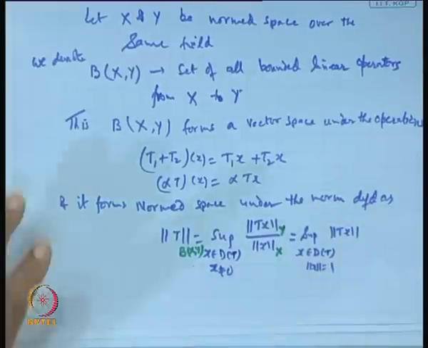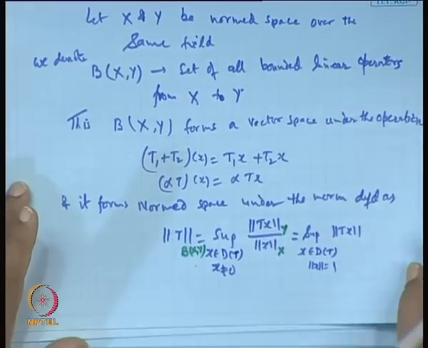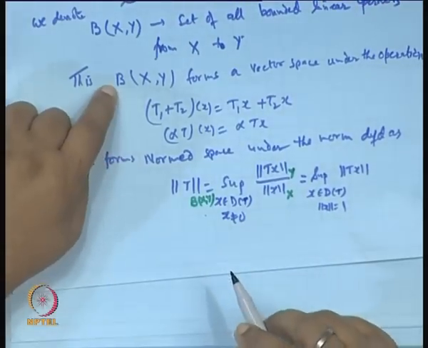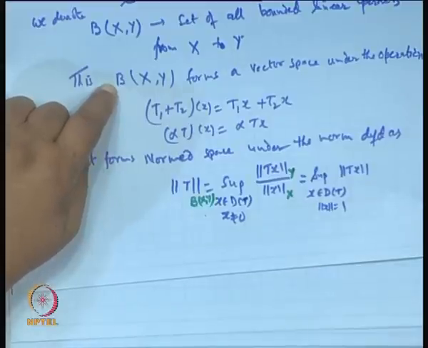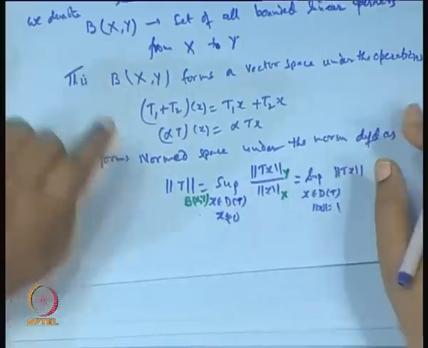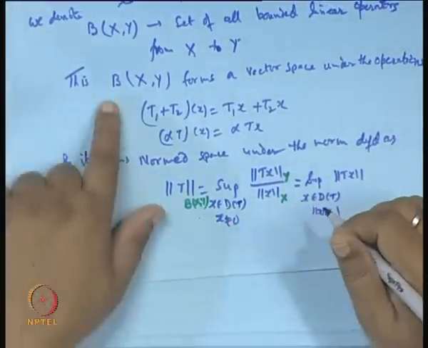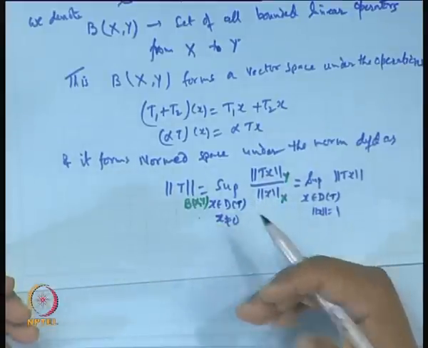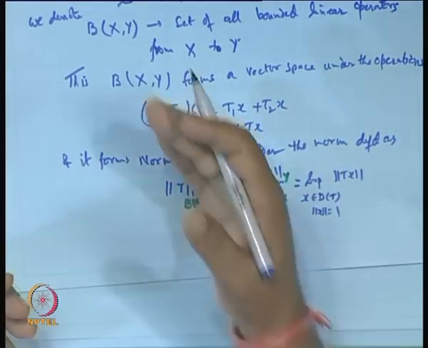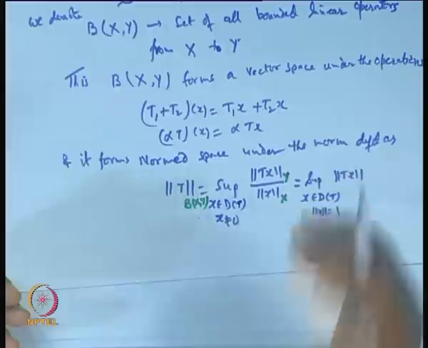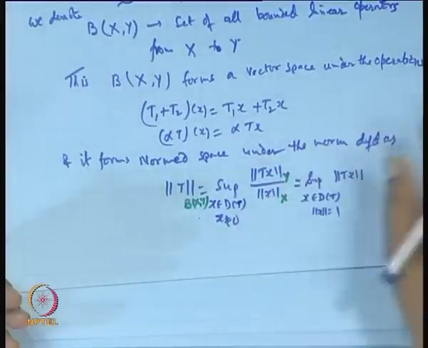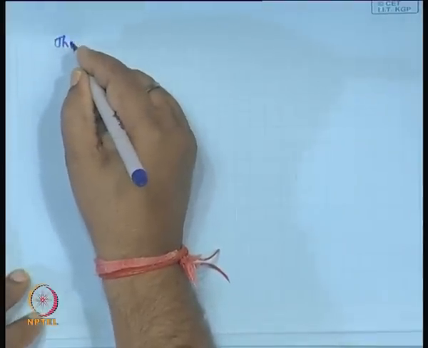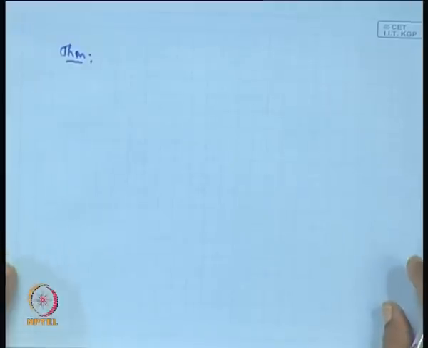Is it clear? Now, the question arises, under what condition does this B(X,Y) become a Banach space? Because it is a normed space, we can prove all the conditions of norms are satisfied. So, B(X,Y) is a normed space, fine, but whether it is a Banach space or not, and what should be the restriction on X and Y so that B(X,Y) under the same norm becomes a Banach, that is a complete normed space. So, we will show that when Y is Banach, then B(X,Y) is a Banach space.